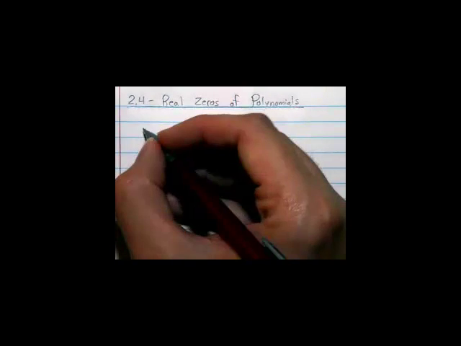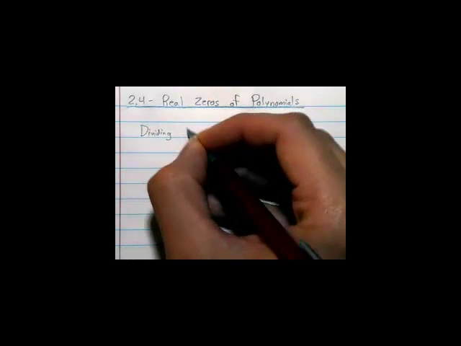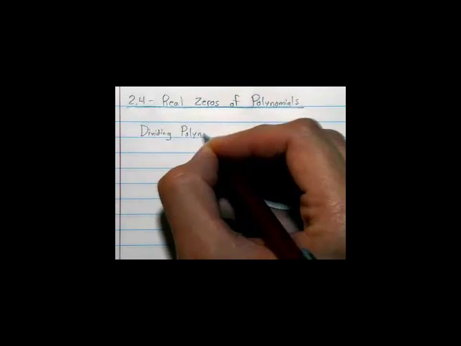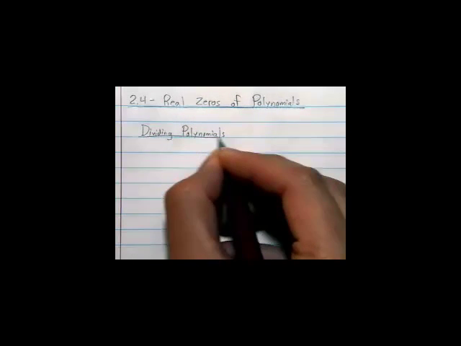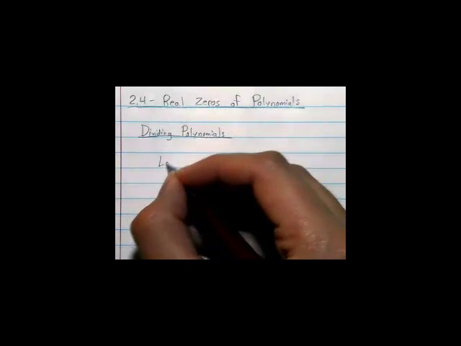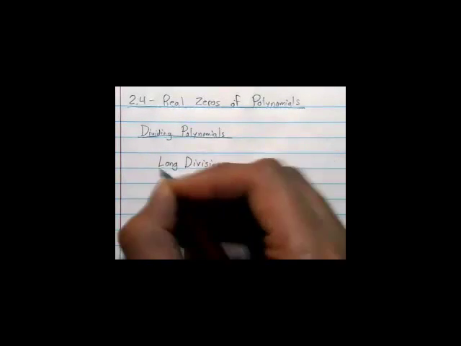So 2.4, it's all about real zeros of polynomials, and like I said, we're going to start with dividing. All right, so long division, we'll start with that.